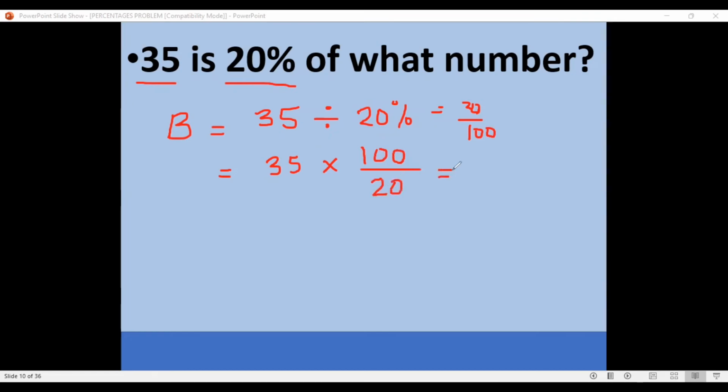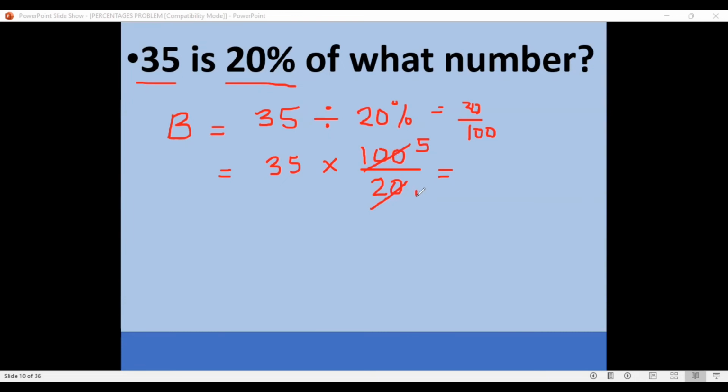Okay, so from there, you can now have the cancellation process. Actually, you can cancel the 35 with the 20, but I would prefer canceling the 100 and the 20, because these are divisible. So having 100 divided by 20, the answer that you will be getting is 5.